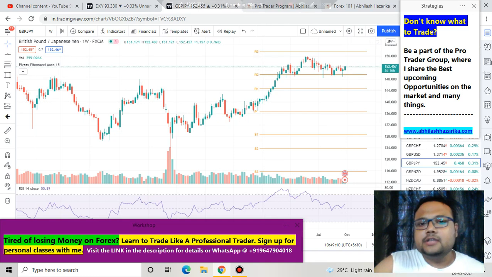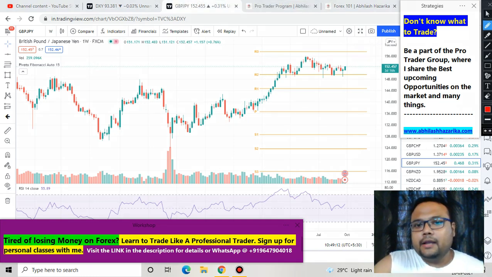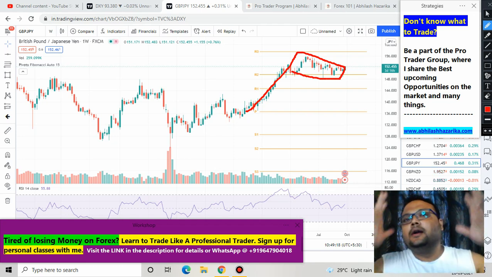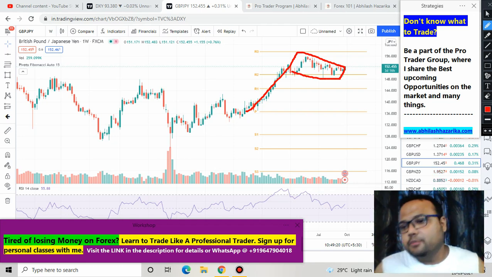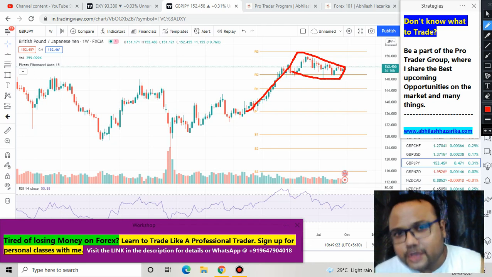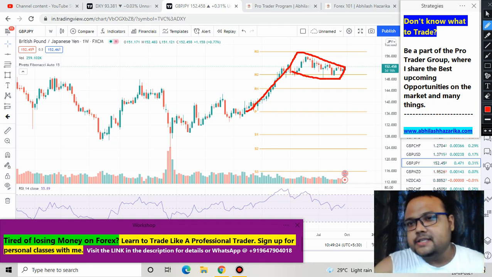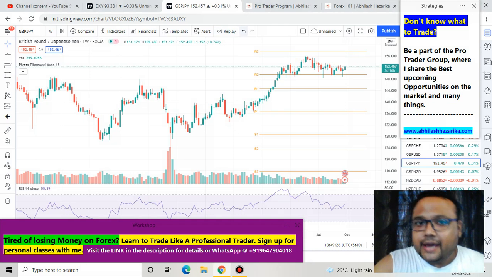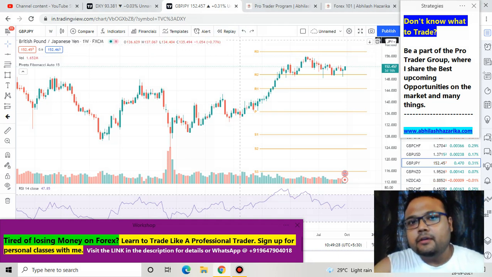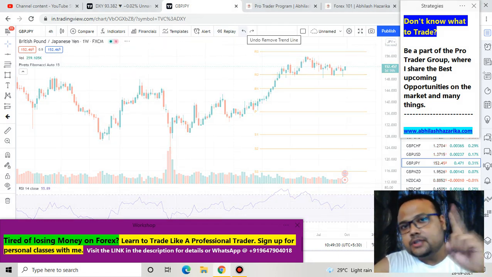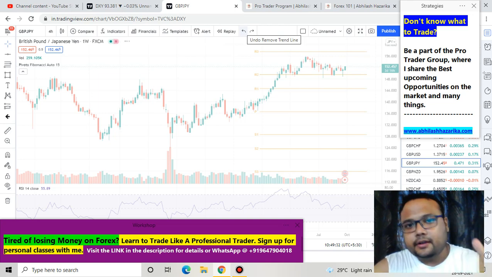If we just observe the market here, it looks like a bullish flag pattern. So there is no logic of taking a short position here right now, because if you take a short position, it will be very risky, because we will be going against the trend of the market. We will be violating the first rule of the market, which is the trend.